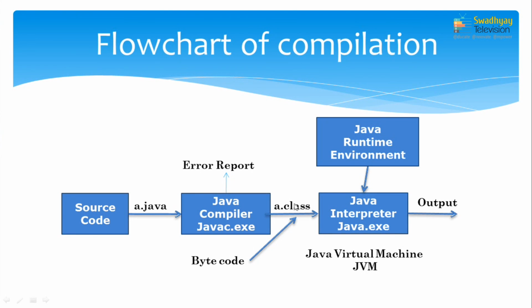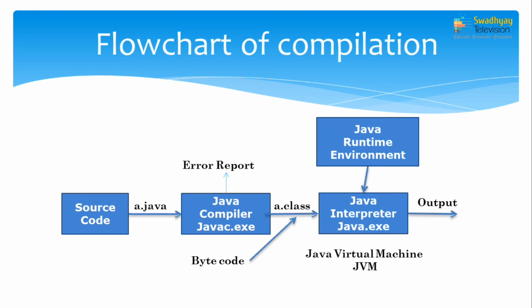and suppose I generated this bytecode on the Windows platform, I can run this bytecode file on the Linux platform using the JVM or Java interpreter, and we require the Java runtime environment installed on that Linux system, and this JVM must be available there.